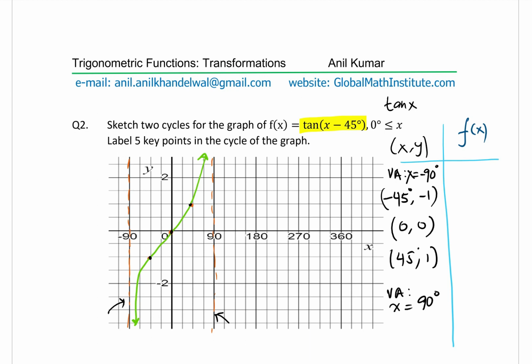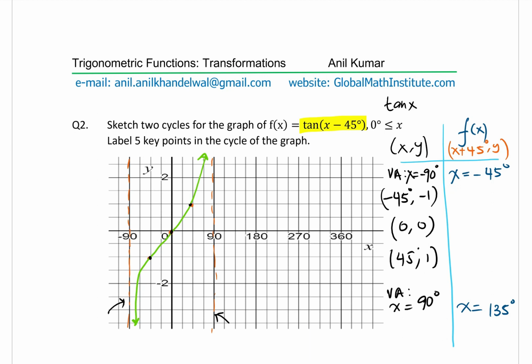So as far as the x values are concerned, the vertical asymptote will now be at x equals minus 45 degrees. And here it will be at x equals, you have to add 45 degrees, right? So basically, the transformation here is that it is x plus 45 degrees and the y values remain same. So when you add 45, you get 135 degrees for the vertical asymptote.